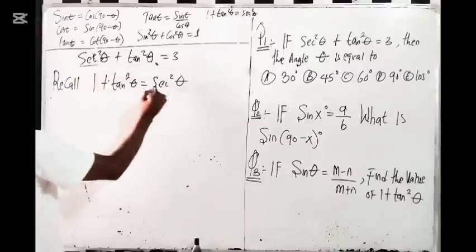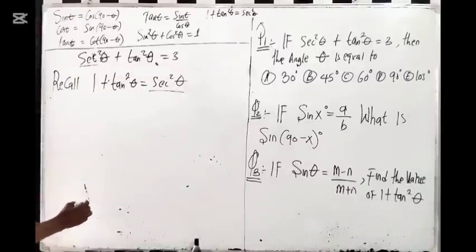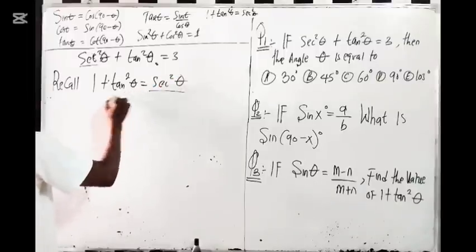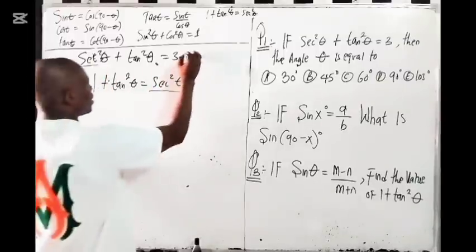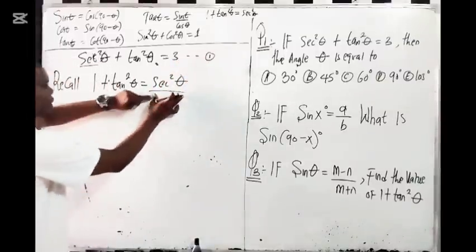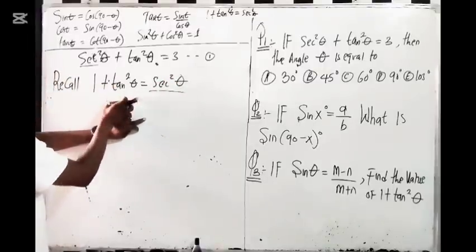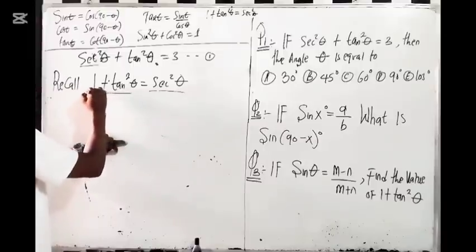You can see that this corresponds with this guy here. So in the place of this sec squared theta, I will replace the whole of this guy here. So now here is my equation 1. From here, sec squared theta is equal to 1 plus tan squared theta.